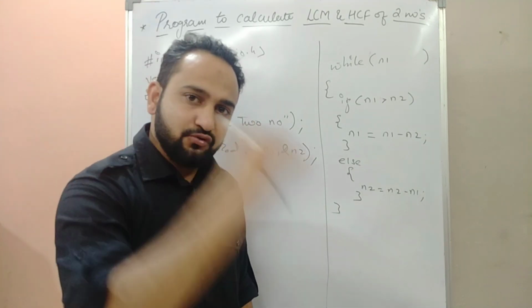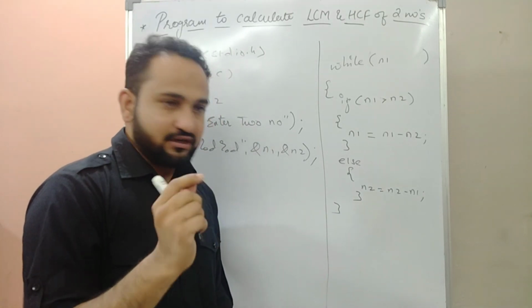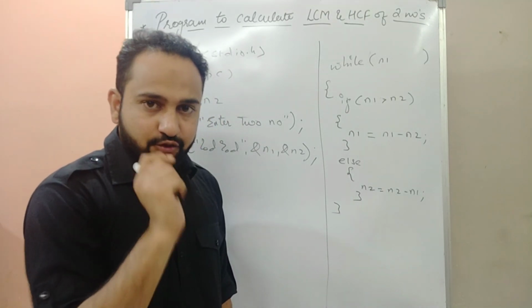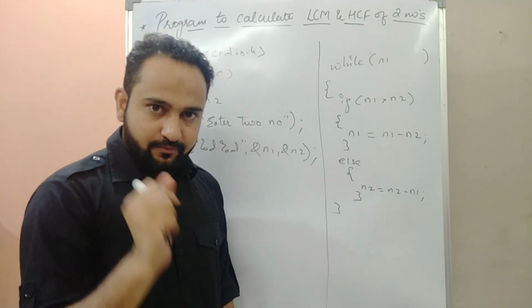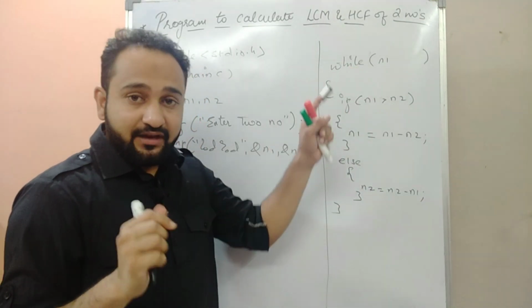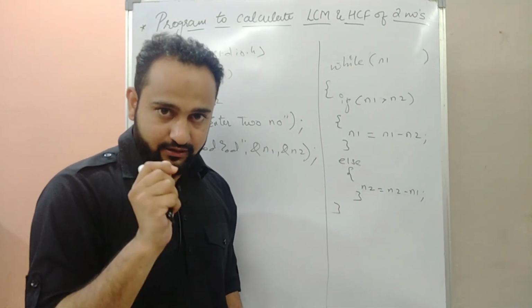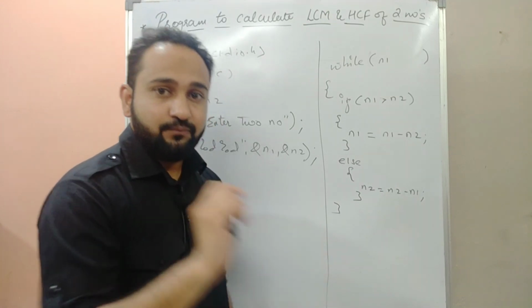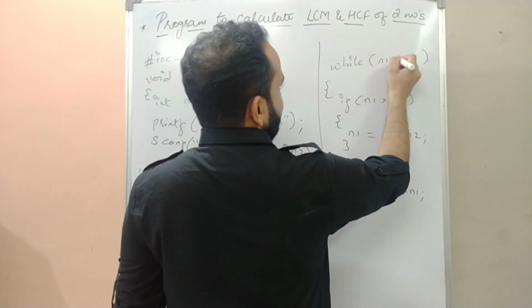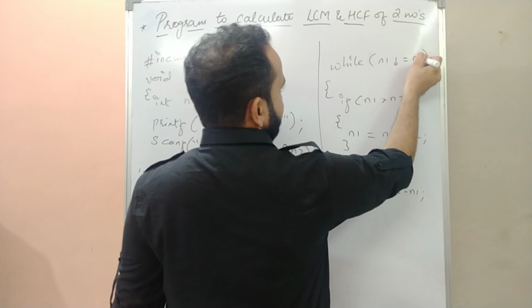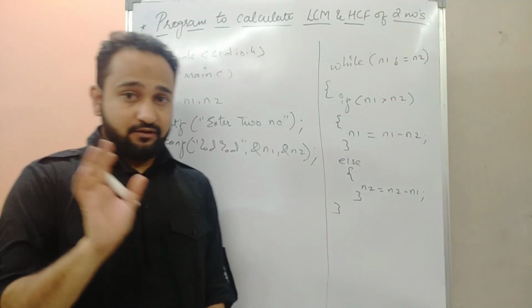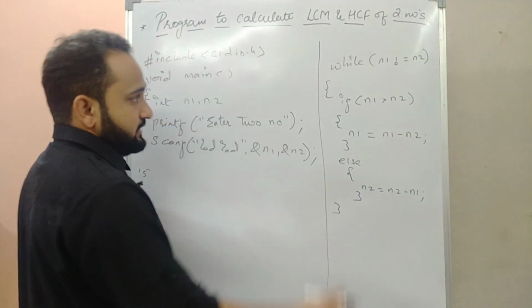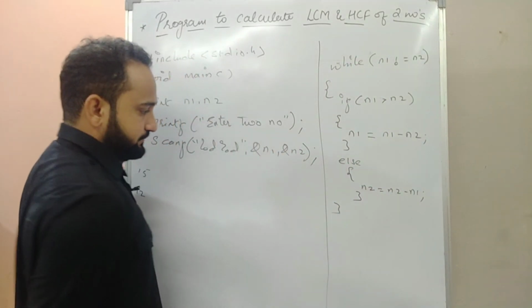We just want the opposite of it. Getting what I'm saying? Students commit this mistake, so I'm explaining it. The condition should be to repeat this loop till the value of n1 is not equal to n2, right? So n1 not equal to n2 will be the condition, not n1 equal to n2. Be careful.